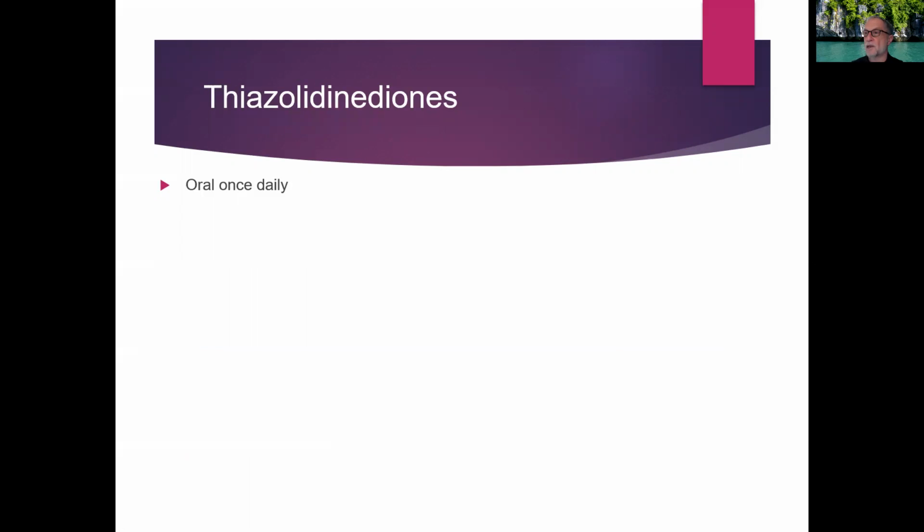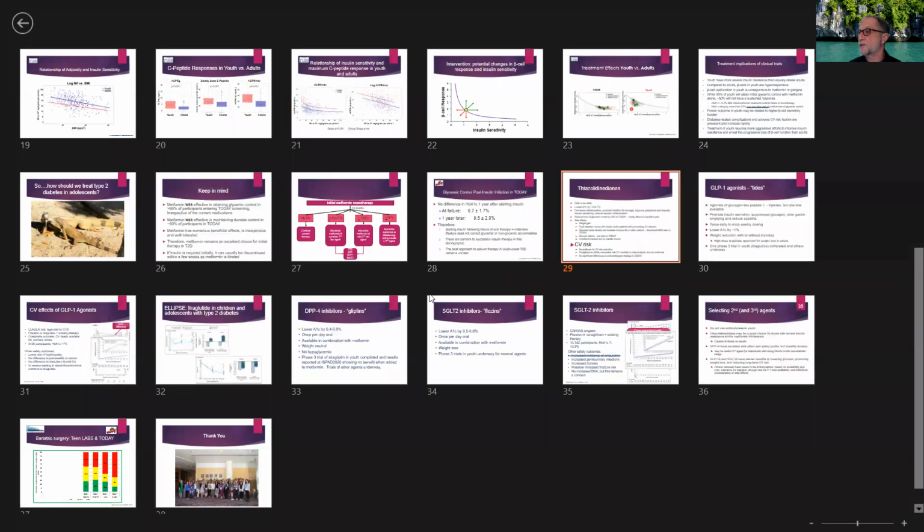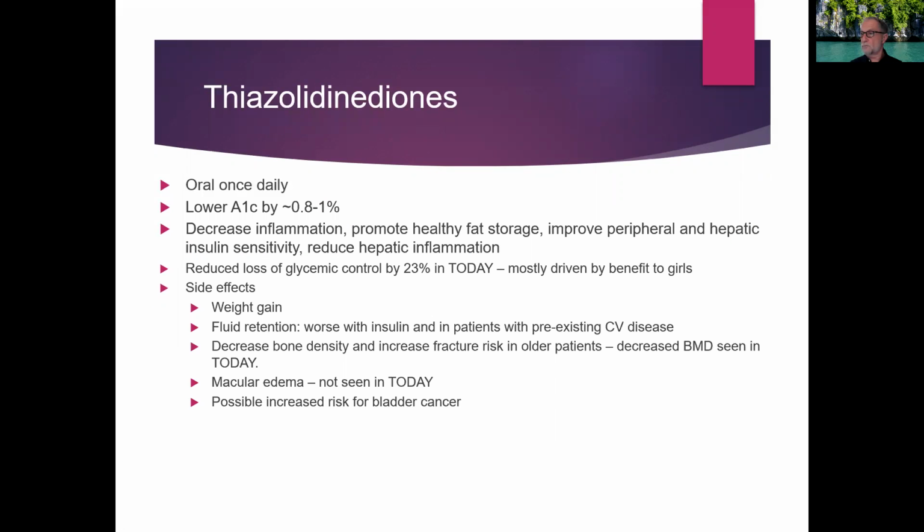Thiazolidinediones are oral, they're once daily. In adults, they lower the A1C by about 0.8 to 1%. They're known to decrease inflammation, promote healthy fat storage, and improve peripheral and hepatic insulin sensitivity. And they reduce loss of glycemic control by 23% in TODAY.